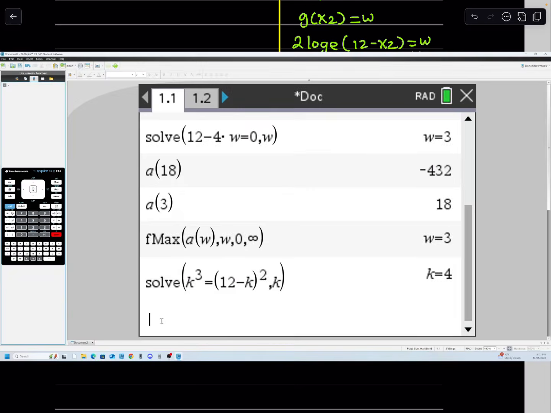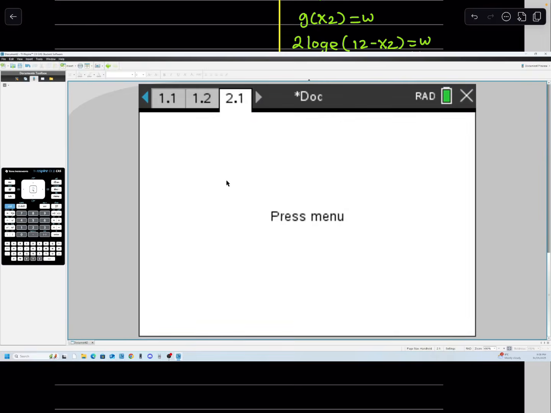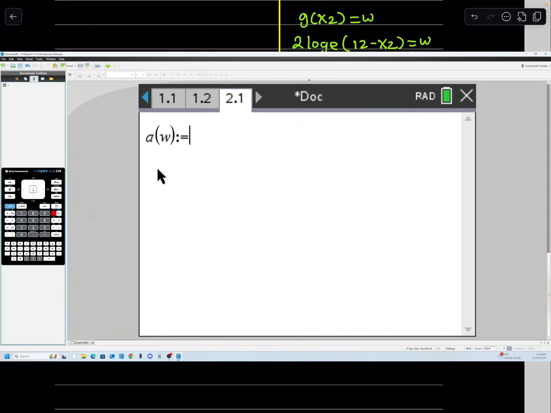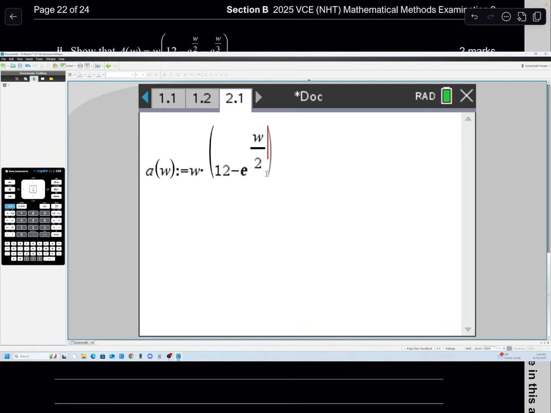So, okay, first of all, I'm going to make a new problem because we're going to define the new A(w), of course. So, insert new problem. Okay. So, your new A(w) equation is w times (12 minus e^(w/2) minus e^(w/3)).